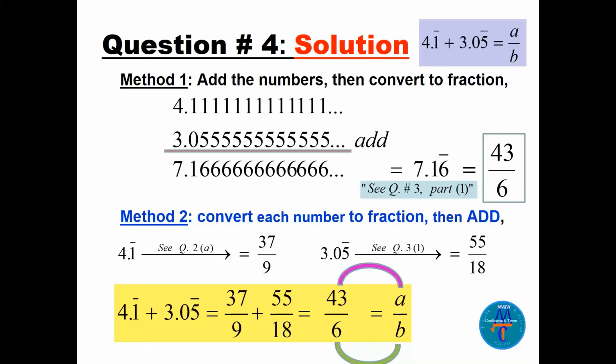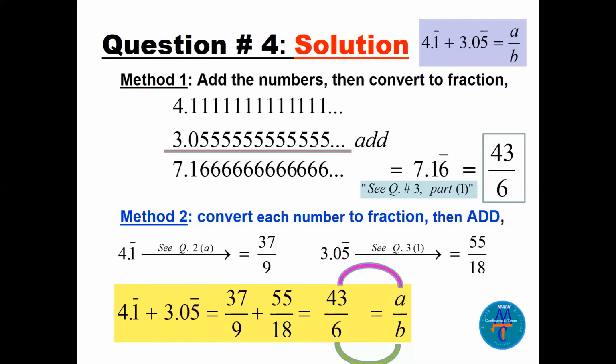Then 3.055555. There is a 0, one number after the decimal point, then one repeated number. That will be question 3, first part, so that will be 55 over 18. Now you add 37 over 9 plus 55 over 18. You need the LCD here, 18, then you divide by 3, you get 43 over 6. So A will be 43 and B will be 6.